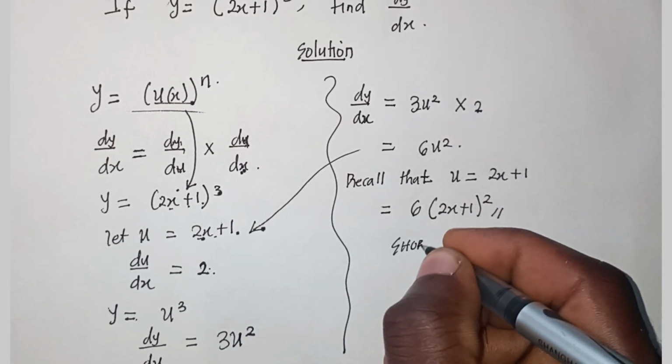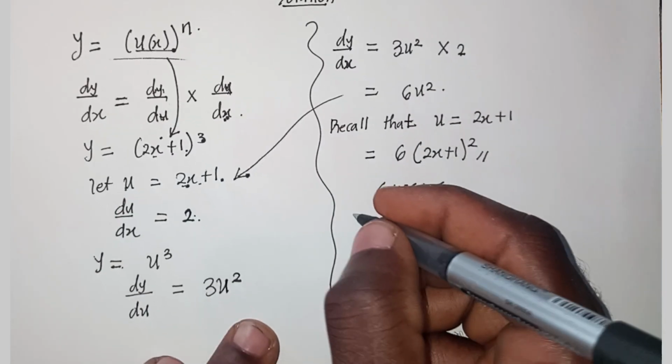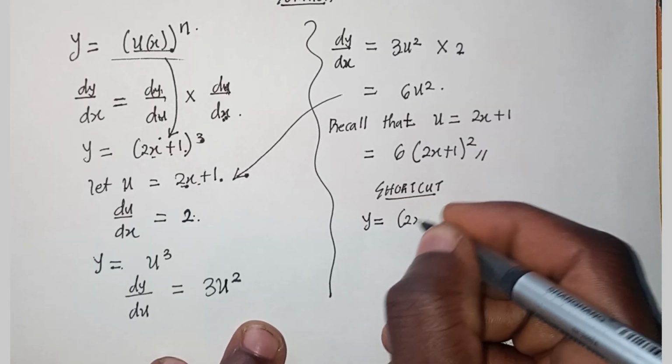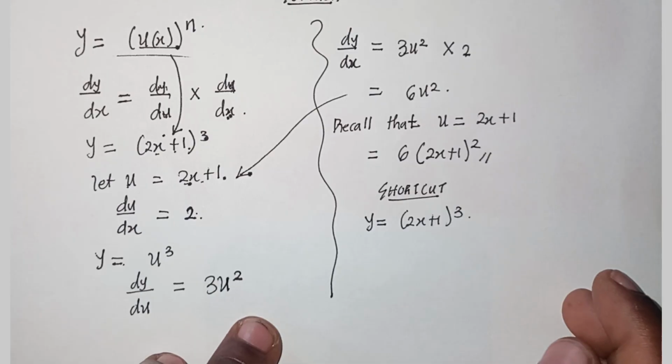Now, the shortcut method. The shortcut here is so simple. Since our question is y equals (2x + 1) raised to power 3, to solve it will be so simple.